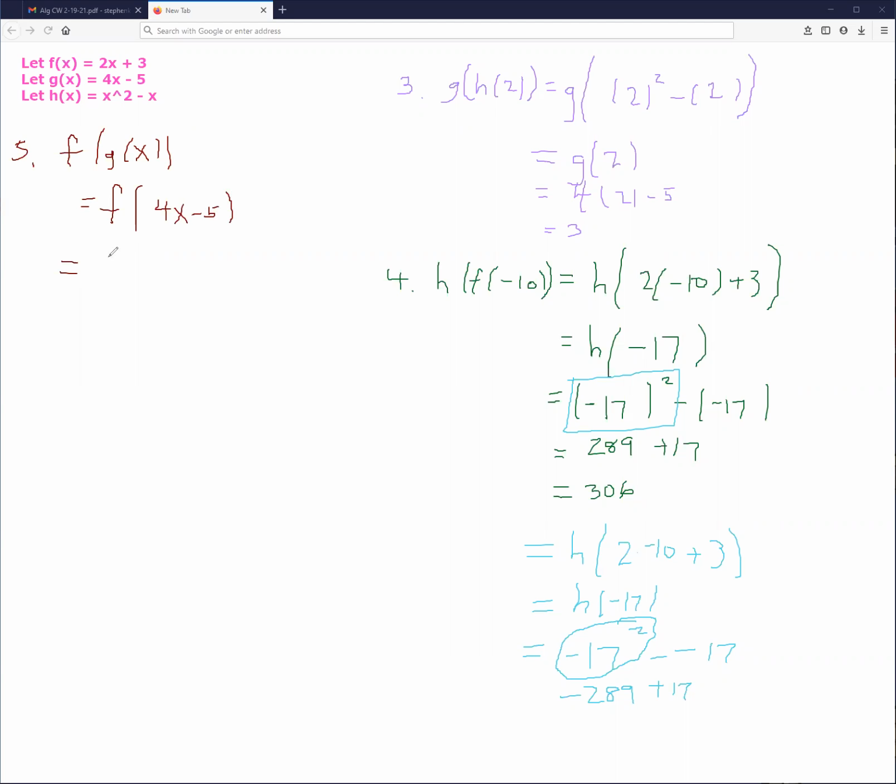And f is 2 times stuff plus 3, and the stuff is 4x minus 5. So we have 8x minus 10 plus 3, which is 8x minus 7. If you had been tempted, instead of writing parentheses, to write a times sign, you probably would not have distributed the 2 into the -5. So obviously that is bad.